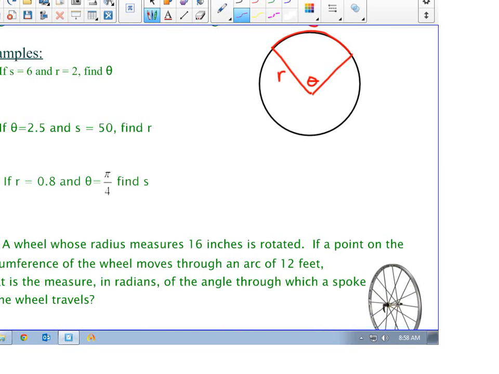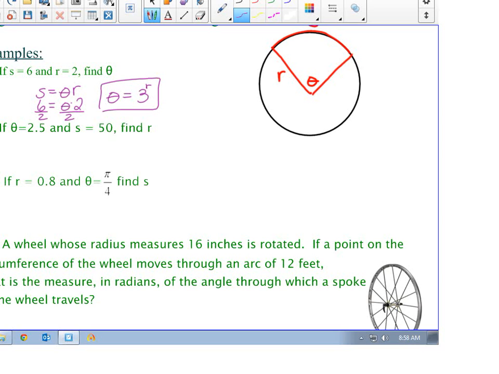S equals 6 and R equals 2, find theta. Use our formula. They're saying S is 6, find theta if R is 2, so nice and easy, theta is 3 radians.